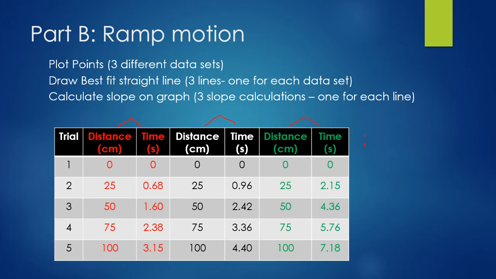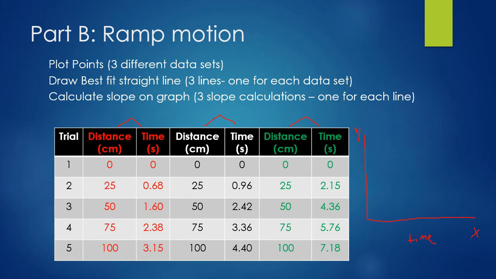So when you do this, it's going to be very similar to the last graph. You're going to have your X and Y axis. You are going to plot the time on your X, just like before, and you are going to plot your distance along the Y. So for the first data set, you are just going to use the data in red.